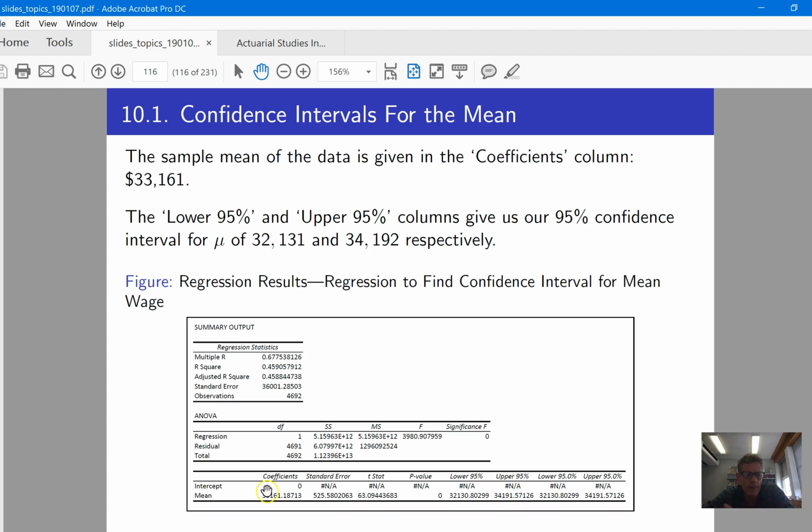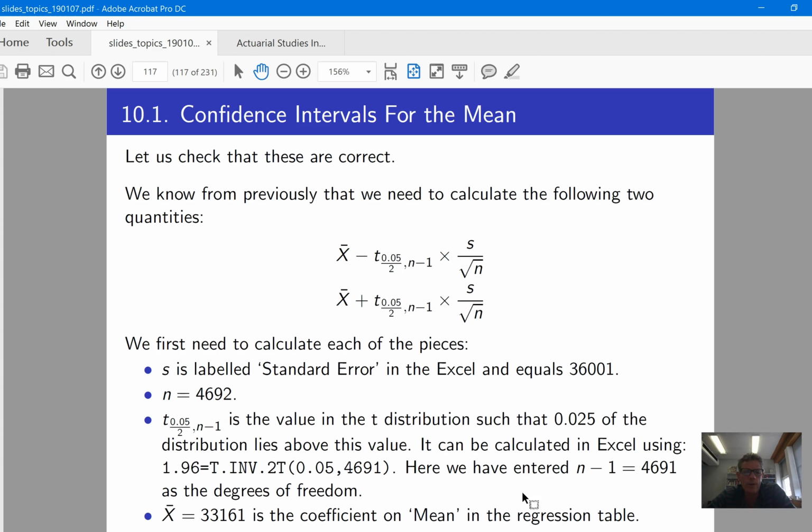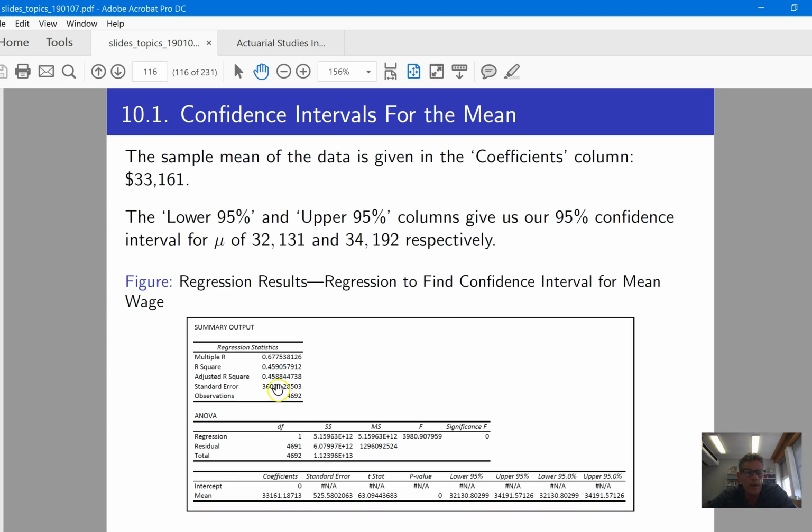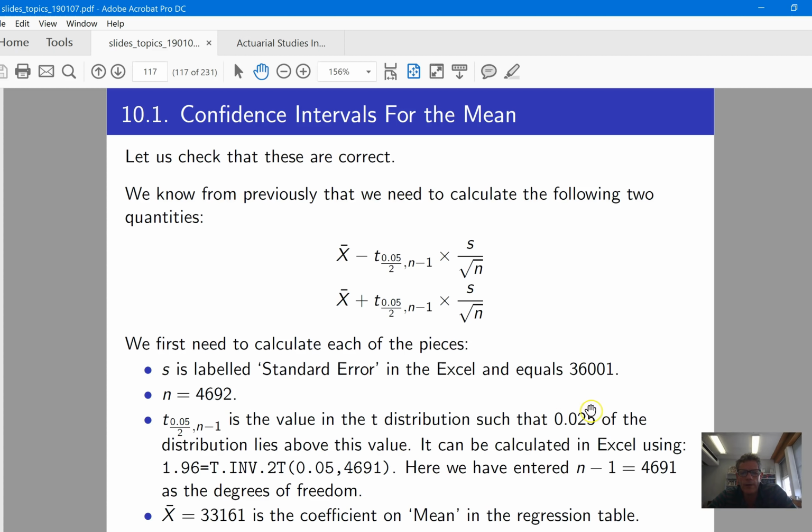So it's x bar plus or minus a certain amount, and the amount you take plus or minus is this thing here. S is the standard error, and if I take you back to the previous slide, the standard error is 36,001. N is the number of observations, that's 4,692.